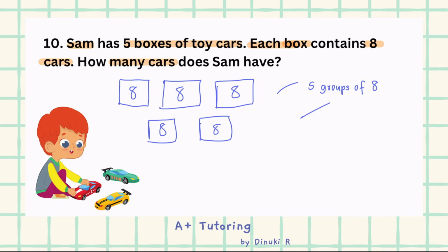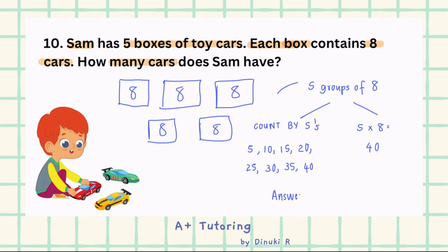And you can do 5 times 8, which equals 40, or you can count by 5s, right? So it's just like 5, 10, 15, 20, 25, 30, 35, 40. Too easy. And our answer is 40 cars.